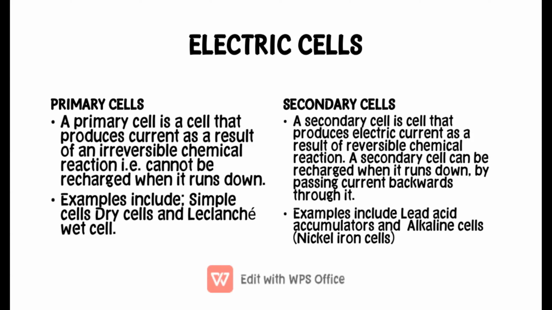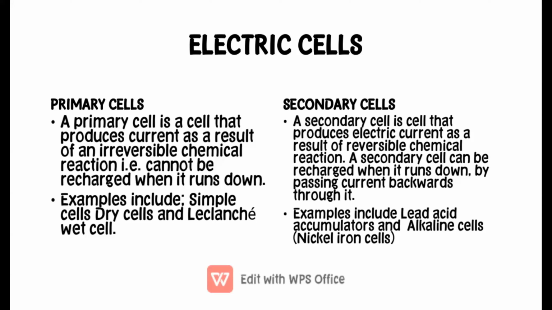Examples of primary cells. We have simple cells. We are going to start asking ourselves now, what is a simple cell? We are going to see that. Then dry cells. Then we have a wet cell. It was named after the person who made it, so you can read that name.